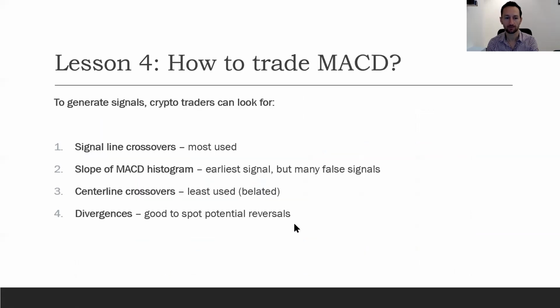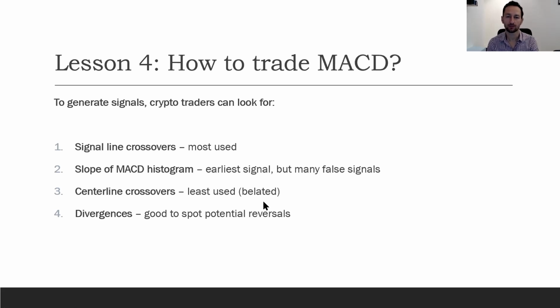And we'll cover that. The other two: the center line crossover, I think, is the opposite, it is very late, and therefore I think that renders it not useful. And the last, number 4, in terms of the trading strategies, is MACD divergences.